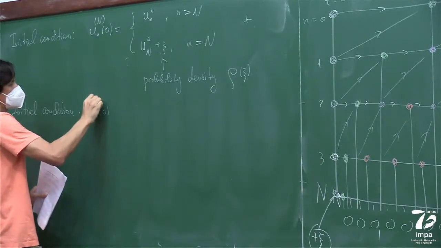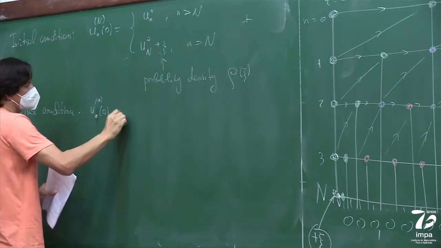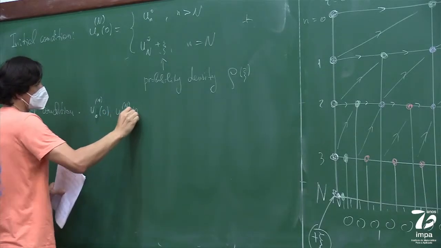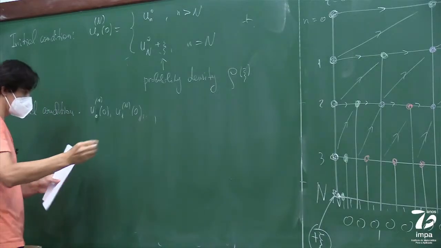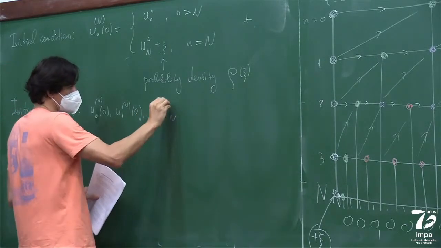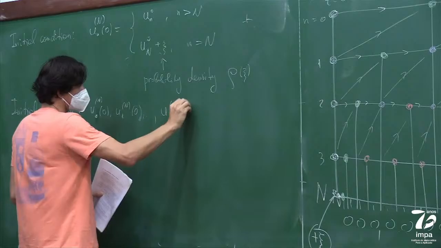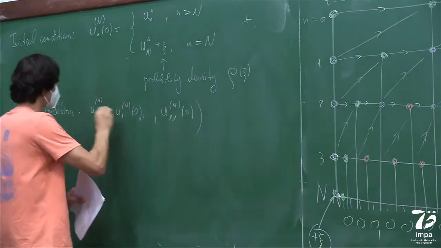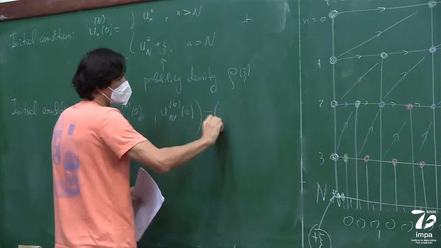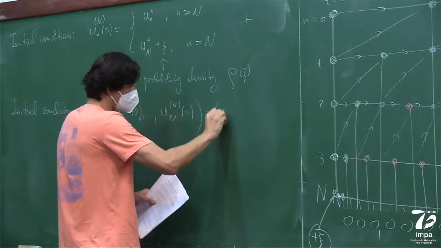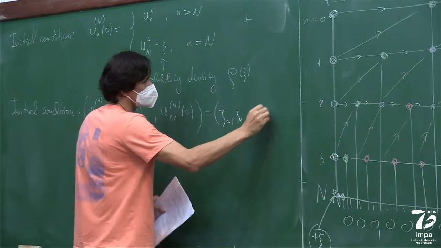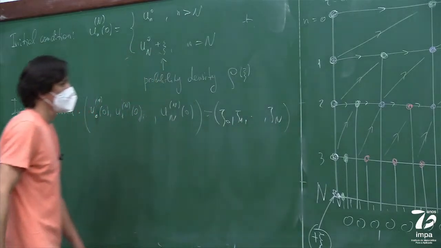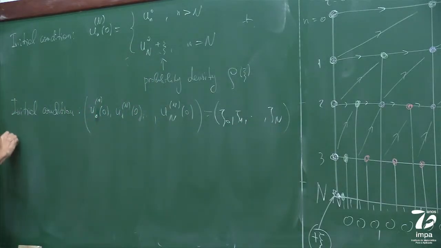Okay. So essentially it means that the initial condition u_0(0), u_1(0), and so on, until N for the regularized problem, we just call it briefly zeta_0, zeta_1, and so on, zeta_N, is a random vector.